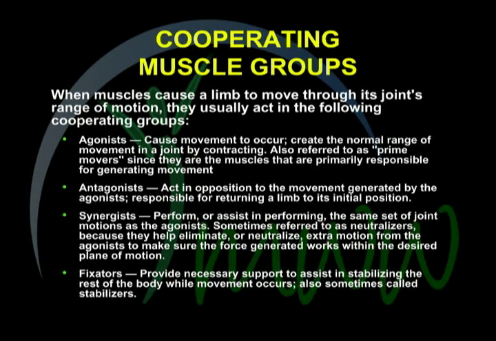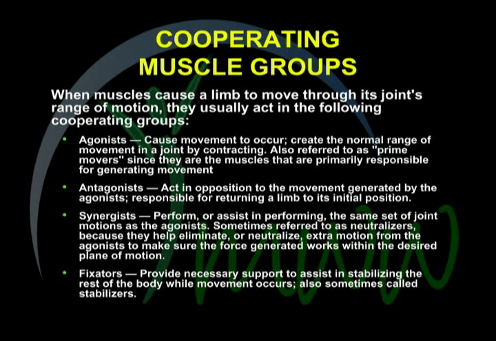As an example, when you flex your knee, your hamstring contracts and, to some extent, so does your calf and lower buttocks. Meanwhile, your quadriceps are inhibited, relaxed, and lengthened somewhat, so as not to resist the flexing. In this example, the hamstring serves as the agonist, or prime mover, the quadriceps serves as the antagonist, and the calf and lower buttocks serve as the synergists.